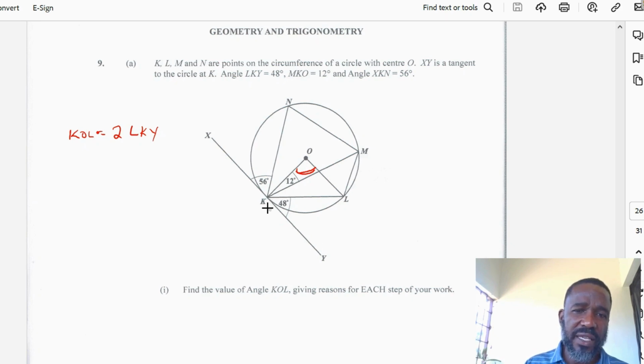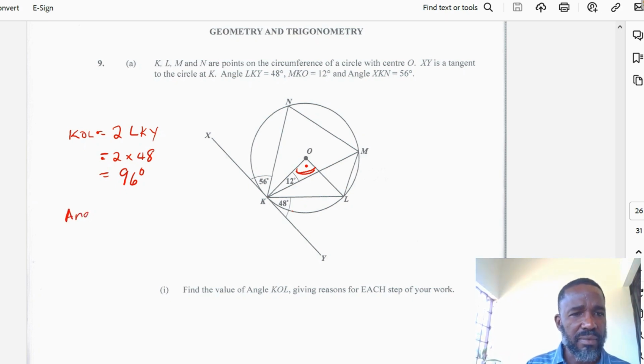So here we have a tangent and the chord. Because the angle at the center is subtended from this chord, this angle is going to be twice this one. Since this is 48, KOL is equal to 2 times 48, and that is equal to 96 degrees.